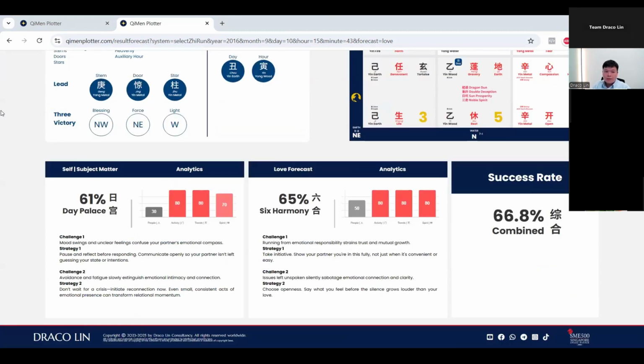You can see here, the people matters are at a very low percentile, which means your door has no problem. Your trends, which is the opportunity, is there for you. The spirit, which is the blessing, is there for you. What is the problem? The problem is the people.